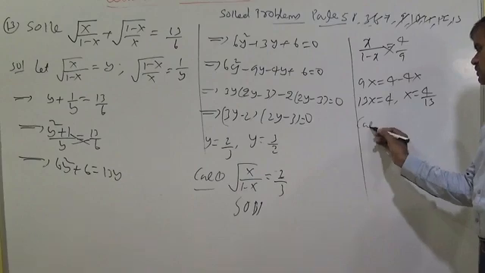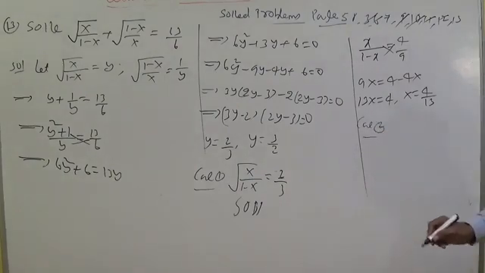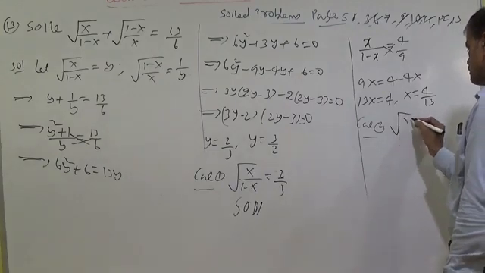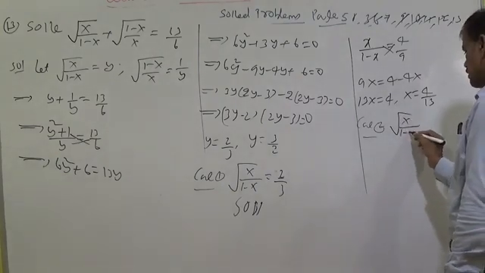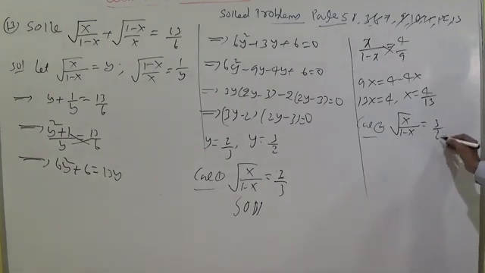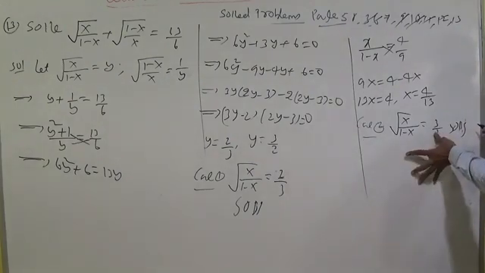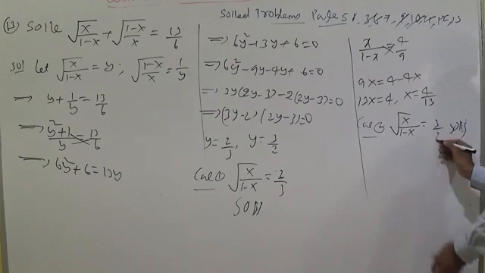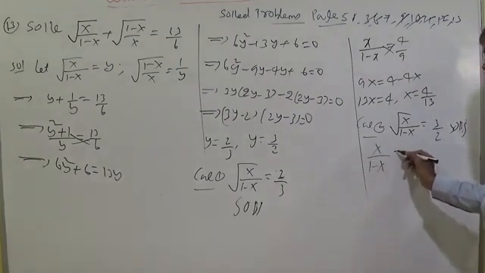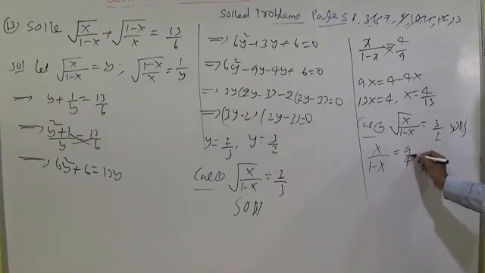Now let us discuss case 2. What is case 2? y is equal to 3 by 2 you can take. So we have taken root of x by 1 minus x equal to 3 by 2, and squaring both sides, then you can write x by 1 minus x is equal to 9 by 4.